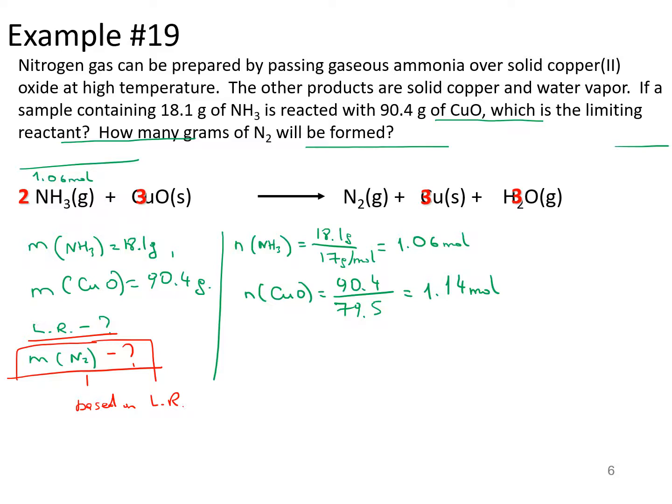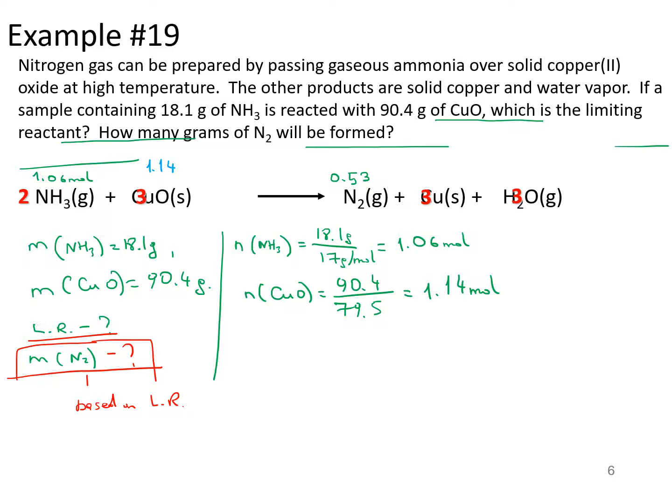Now do two calculations. Do one with the ammonia, so I'm going to put here 1.06 moles, and I'll find how many moles of nitrogen that's going to produce. So nitrogen here is going to be 2 times less, so it's going to be half of this, 0.53 moles.